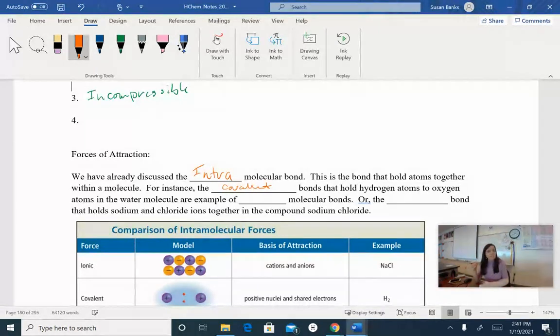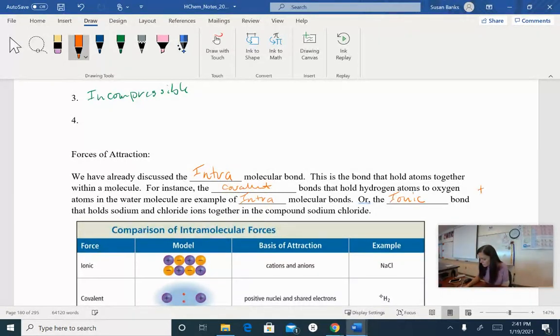Now today we're going to take polarity and see how it works from one molecule to another. Okay? So these are all examples of the intramolecular bond, and we spent a lot of time studying this. But now we also spent some time talking about the ionic bond.